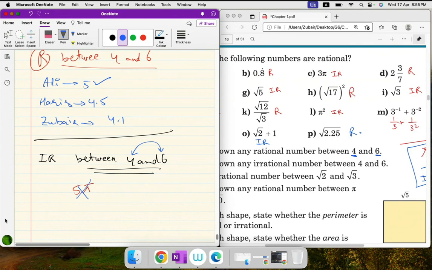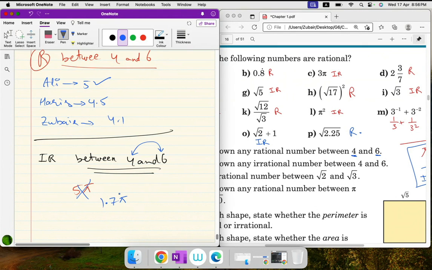Just wait, let me check. 1.75 pi? Yes, I'll have to check it.